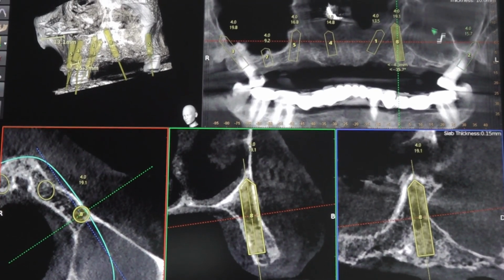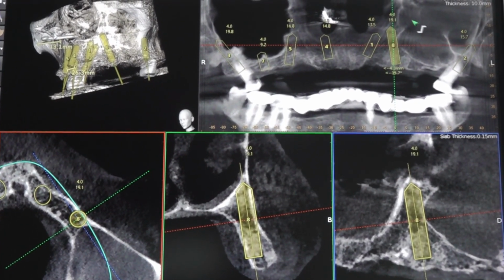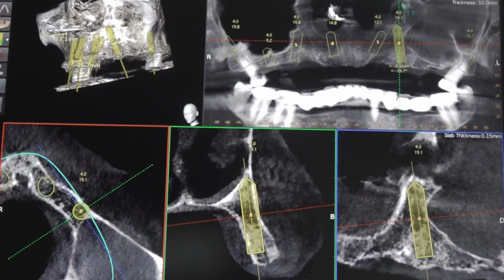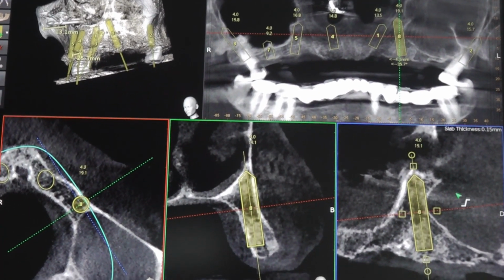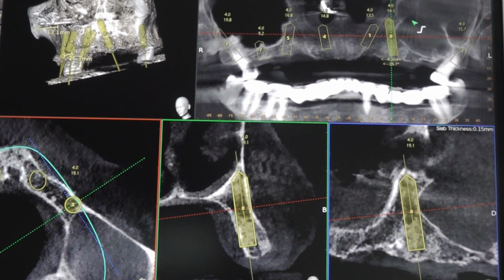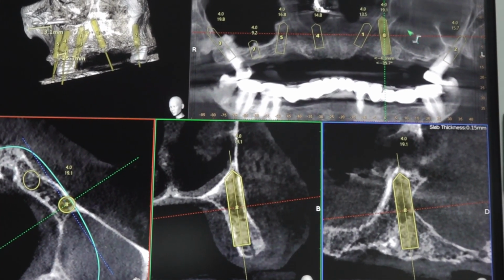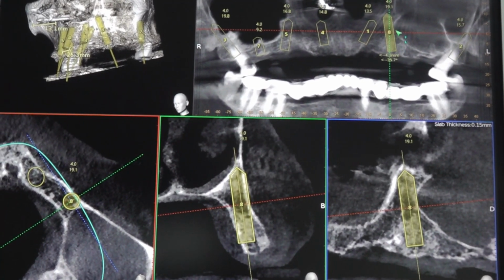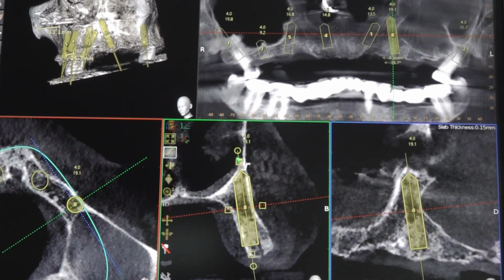Here the bone will look different. Irrigate with nasal saline and we can find out where the sinus is. Our simplest technique is just to do a small window here and use a probe to feel the anterior extension of the sinus.